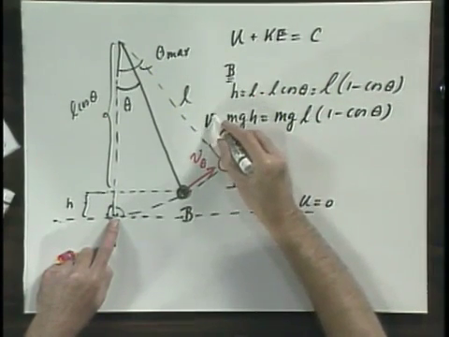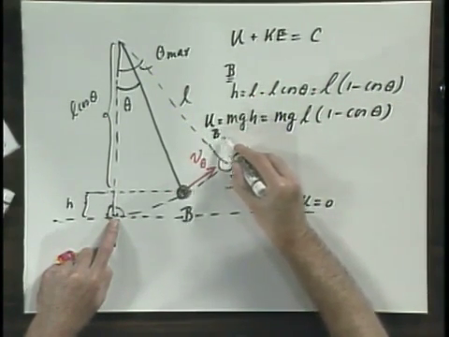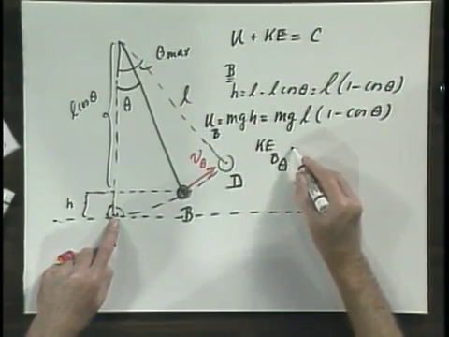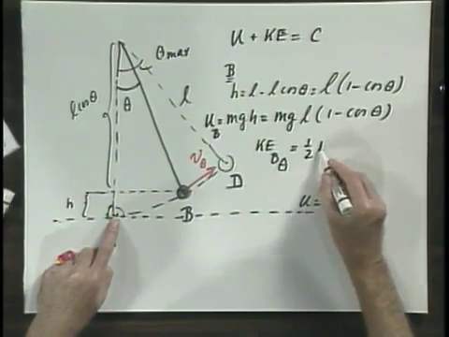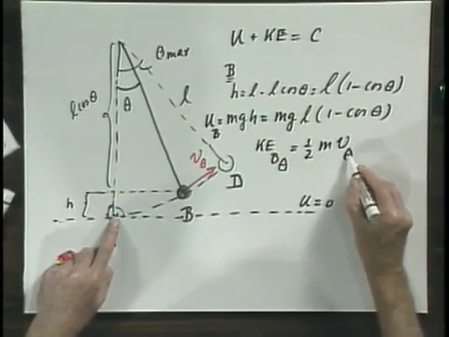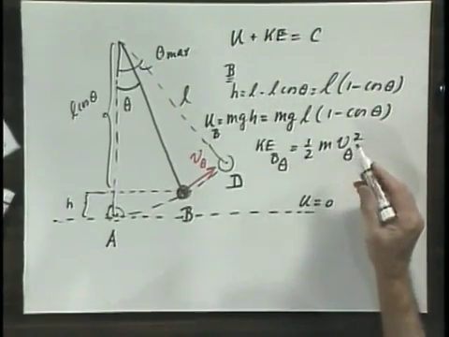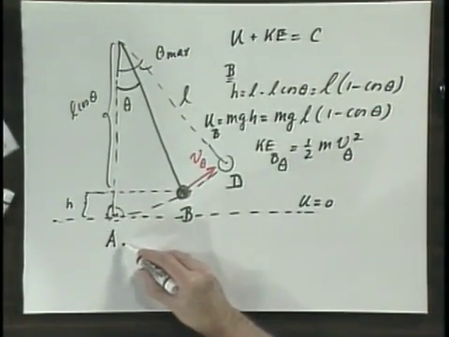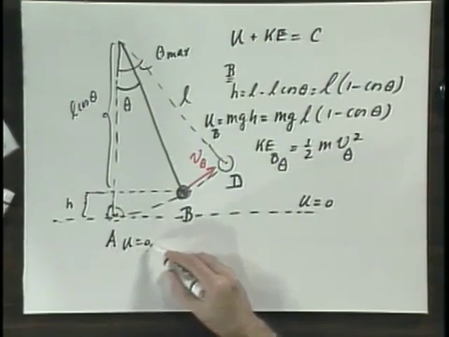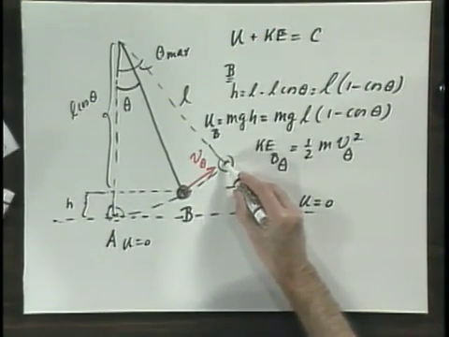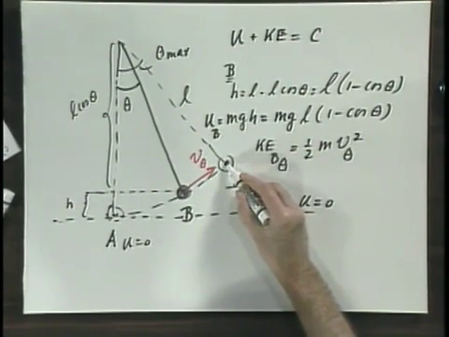That is U at point B, and the kinetic energy at that point B, where the angle is theta, equals 1/2 m v theta squared. So this all holds for point B. Now at point A, U equals 0, and all the energy is in kinetic energy. At point D, the kinetic energy is 0, and all the energy is in gravitational potential energy.